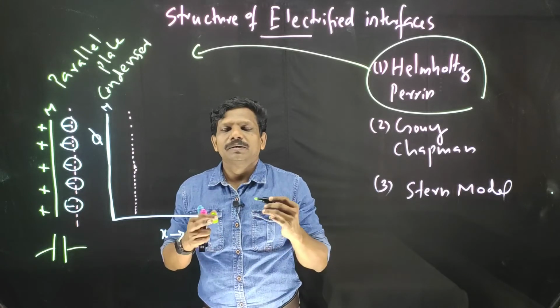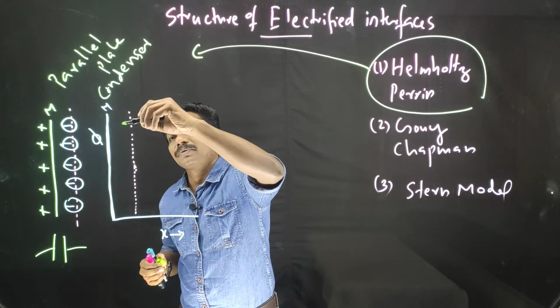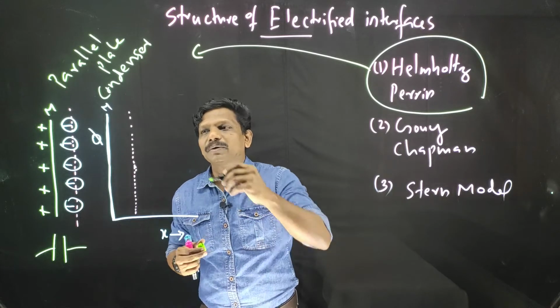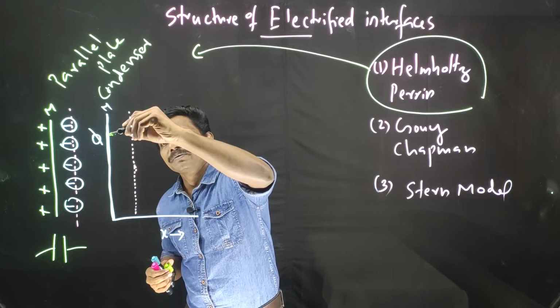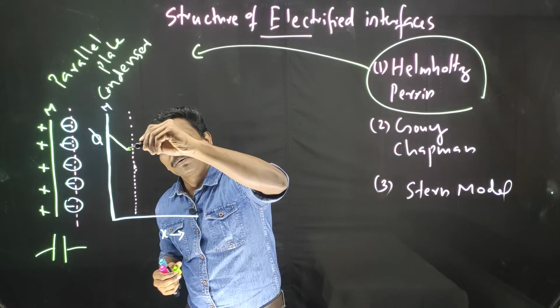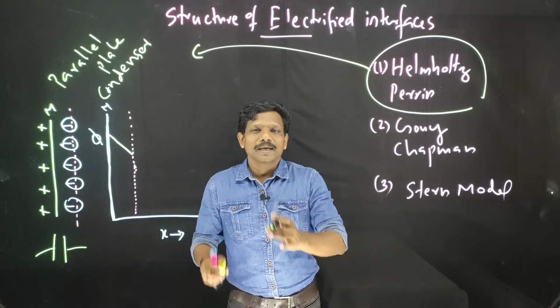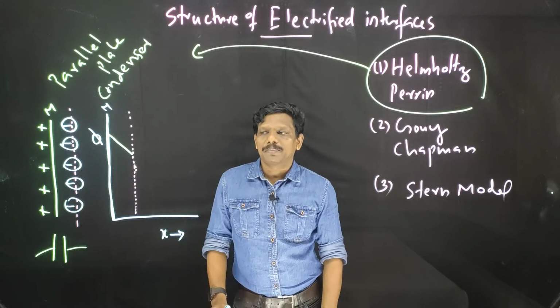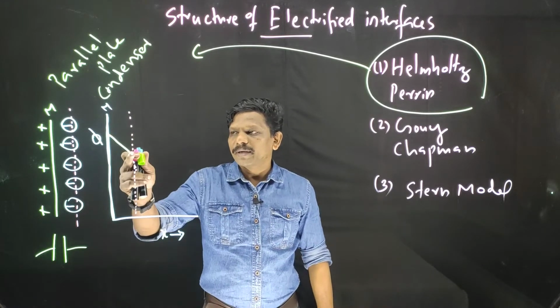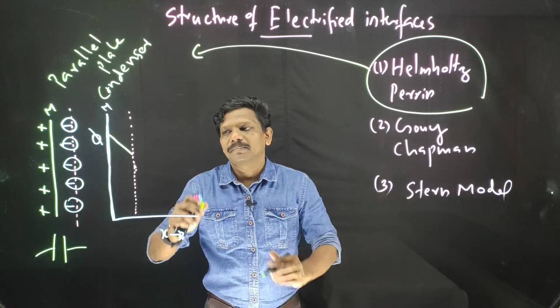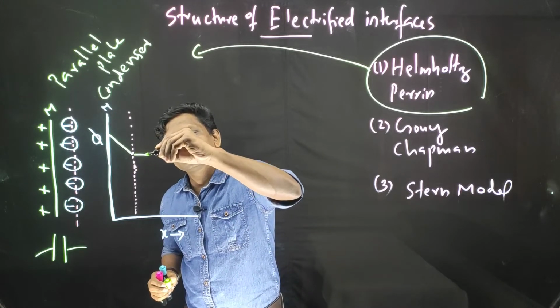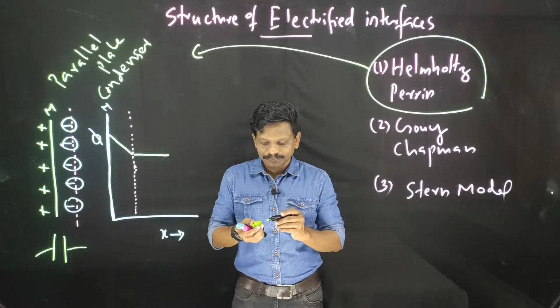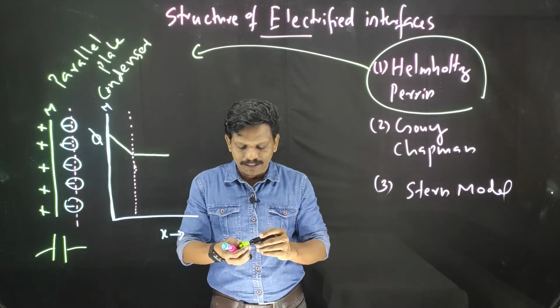So how the potential drop happens from metal to solution. According to the model, you can draw a linear potential drop from metal to this particular layer, and after that it will be straight. Somewhat maybe it is decreasing also.